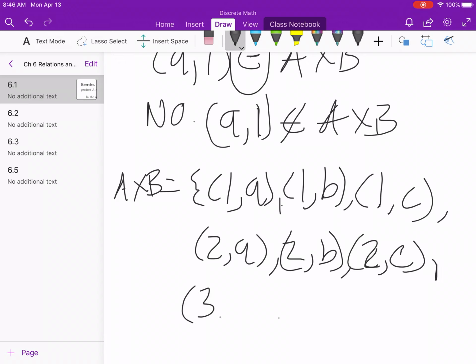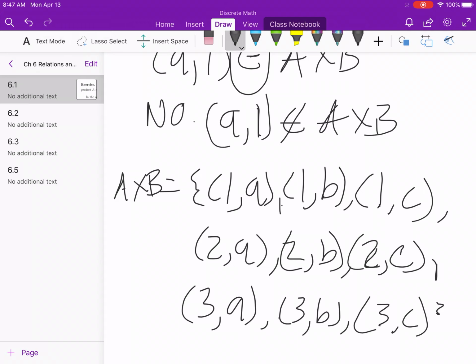And then finally (3, a), (3, b), and (3, c). Those are all the elements in our Cartesian product of A and B.